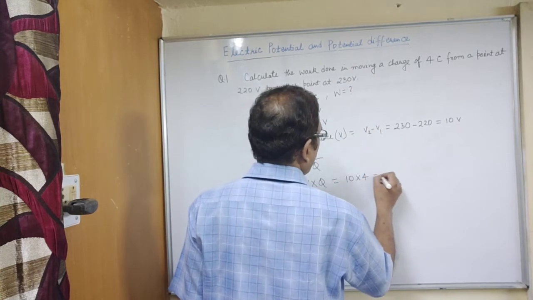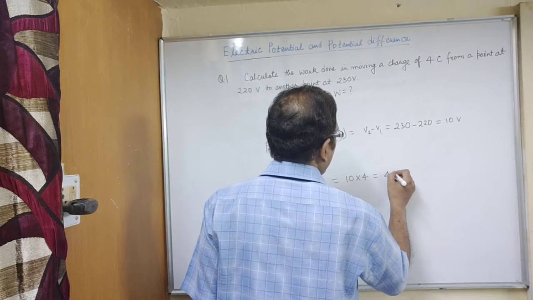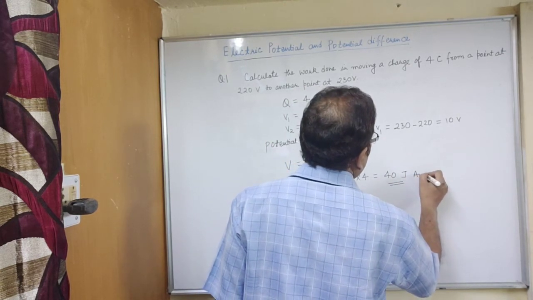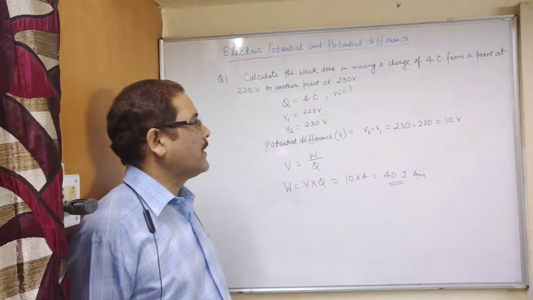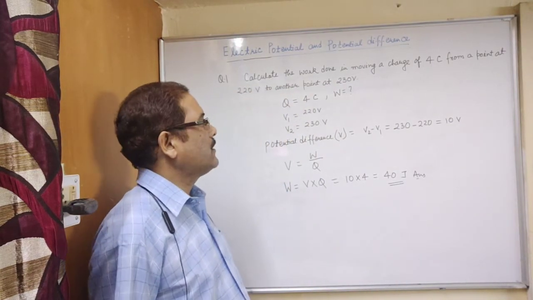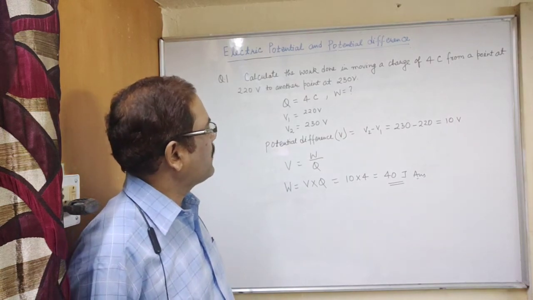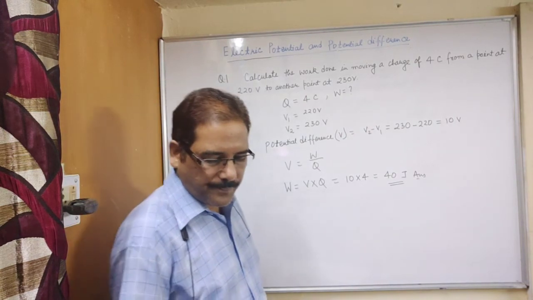So 10 into 4, so 40 joule. Although this question is very easy, I am solving it so that you know how to solve these questions. So work done will be 40 joule.